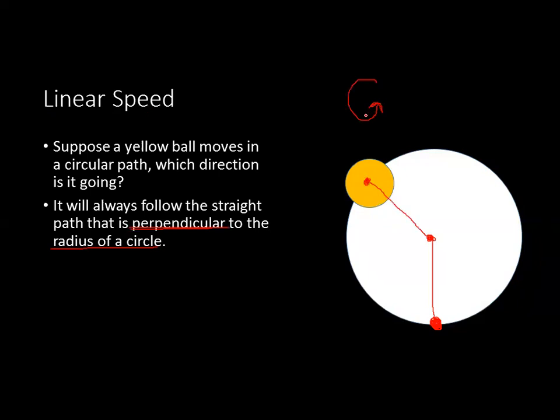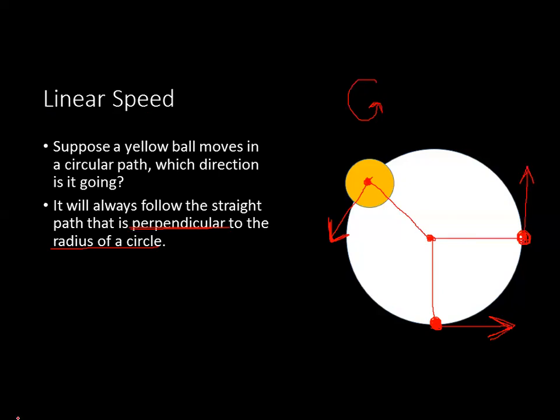So if it rotates counterclockwise, expect that the direction would be perpendicular to the radius of a circle. So it goes from here to there. If the ball is here, the direction would be like this. If the ball is here, then the direction would be like this.